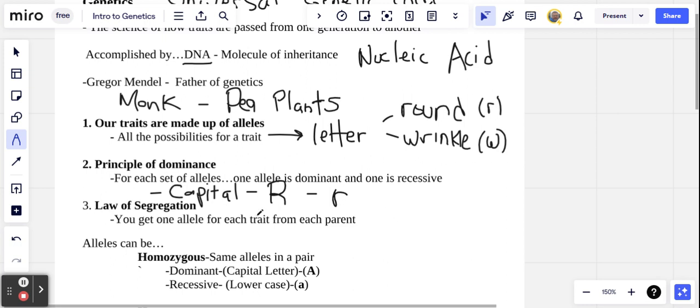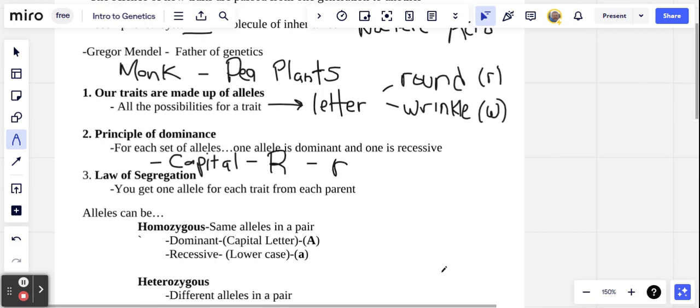Okay. And then depending on what trait the person has and other things that we know, we can try to make a prediction of what alleles they have, or the possibility of alleles that they have for that trait. So that's the principle of dominance. In any two or more alleles for a trait, some alleles are dominant and some are not. Now, again, we're going to talk a little bit later.